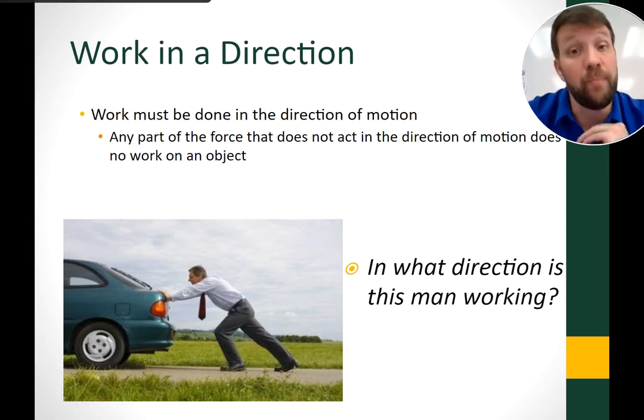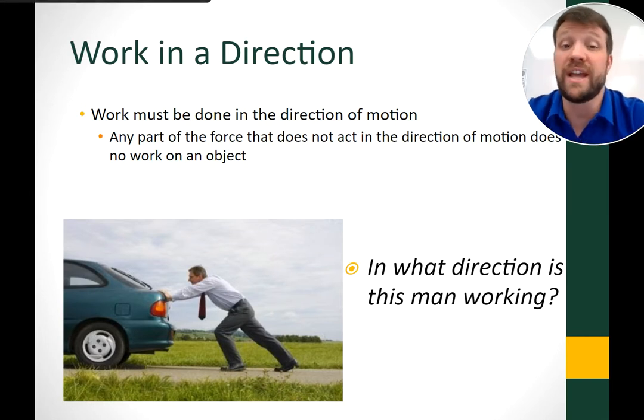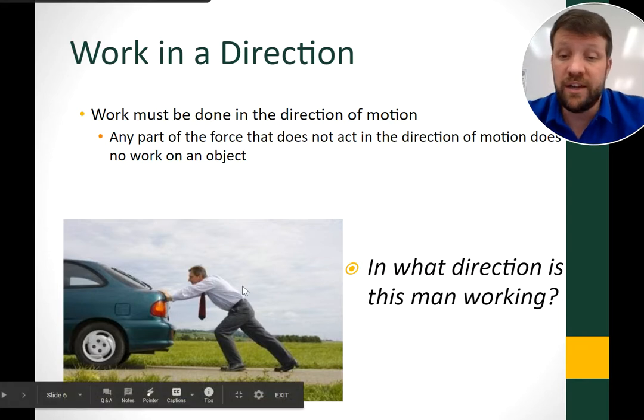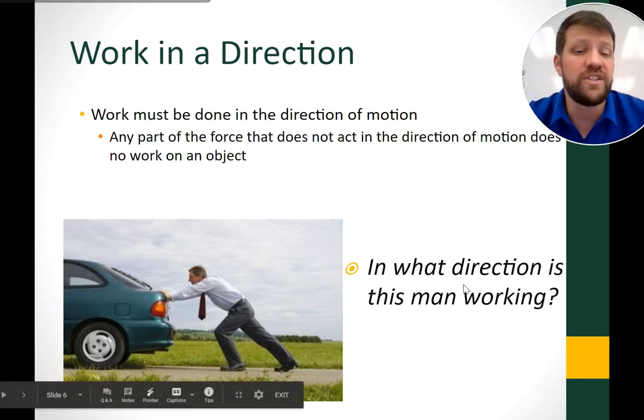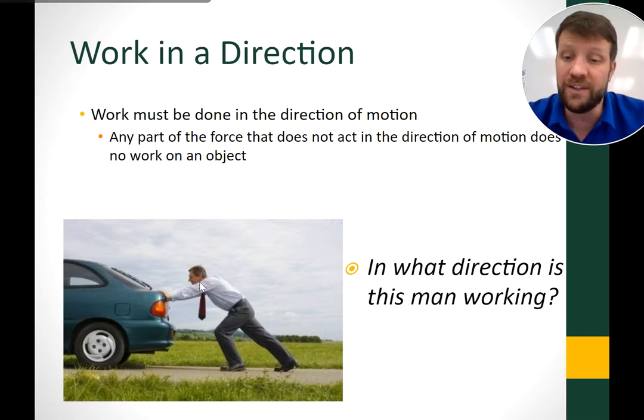All right, now when we're doing work in a specific direction, it's really important that we look at the direction of motion. Okay, so any part of the force that does not act in the same direction as the motion that's occurring does no work on an object. And it says right here, this gentleman pushing the car, and asks, in what direction is this man working? And if we look, his shoulder, where this force is being applied from, is clearly higher than his hand, right? So we have some angled force application to the back of the car, even though the actual displacement is perfectly horizontal here.